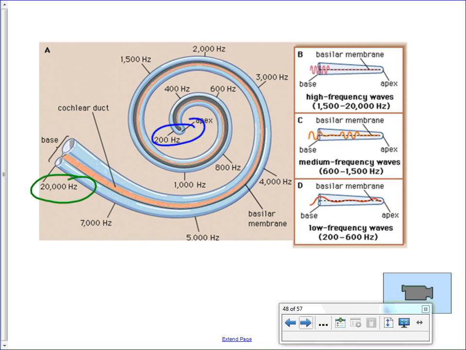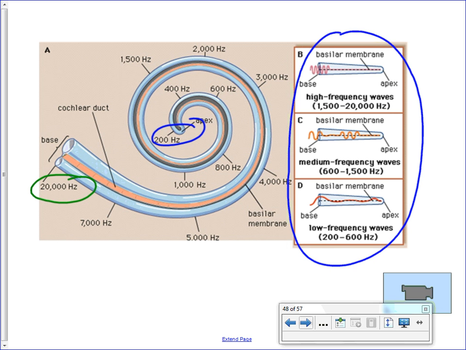On the right-hand side here, they've just uncoiled the cochlea, indicating at the beginning, high frequency, and toward the end, the lower frequency sounds. We can tell the difference in the frequency or the energy if we look at the distance between the crests, the distance between the waves. The closer they are together, the higher energy they're going to be.